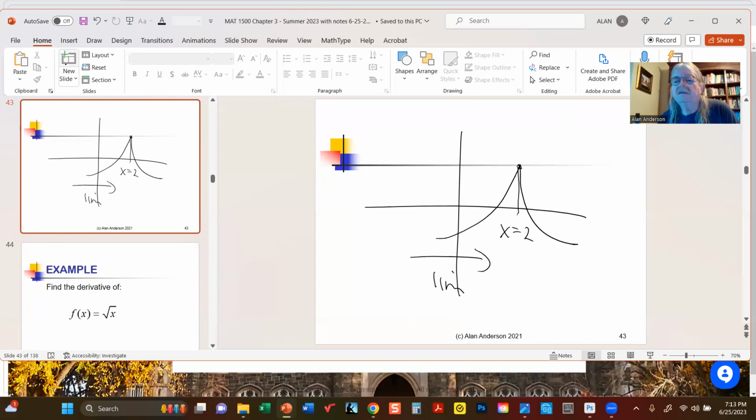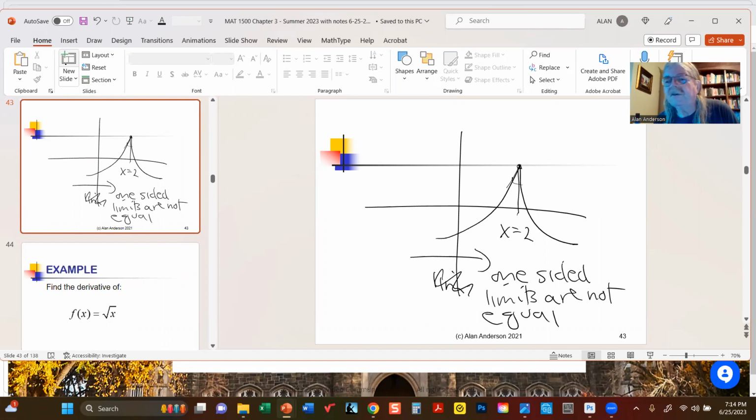Let's put it that way. You see how this one is getting progressively closer to a positive value. This one is getting closer to a negative value. And so the one-sided limits do not match each other. And so we don't have a derivative at that point because the two-sided limit is not defined.